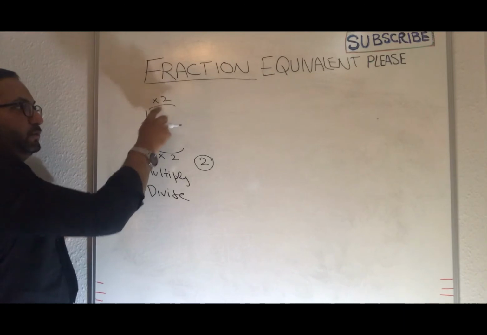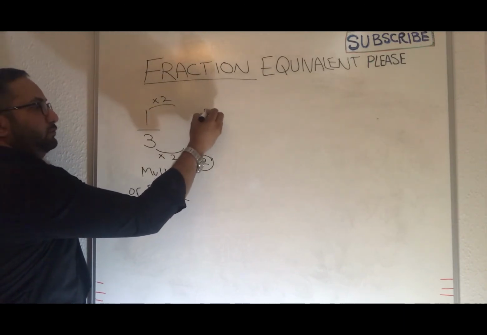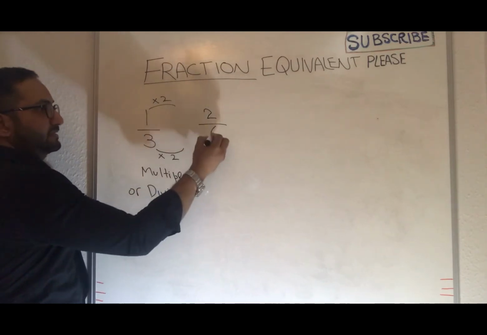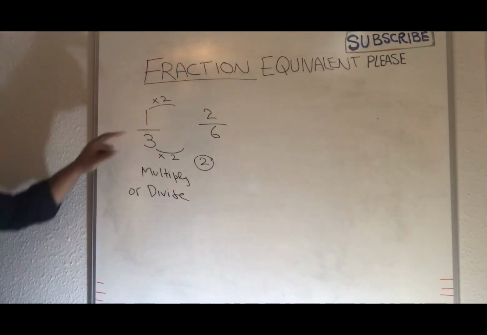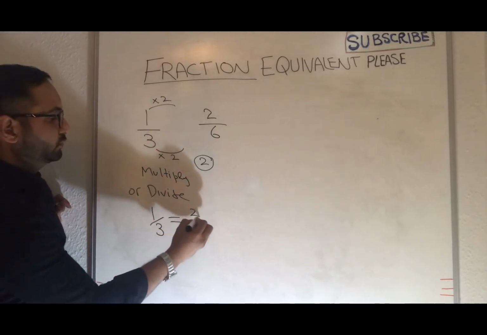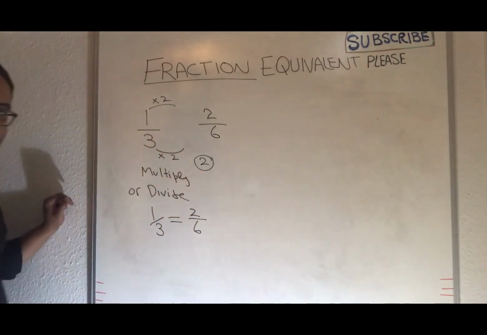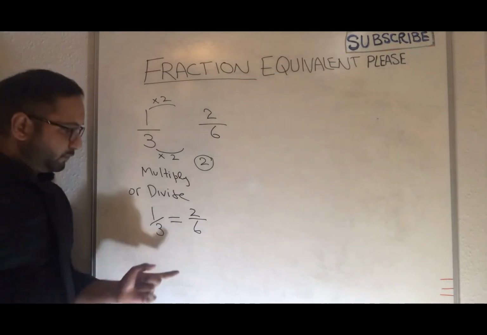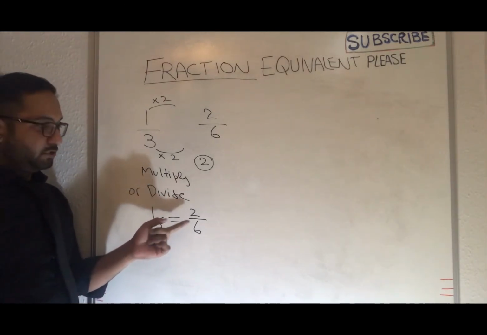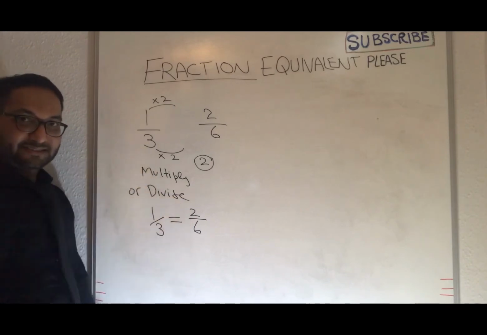When we multiply 2 by 1, we will get 2. And when we multiply 2 by 3, we will get 6. So 1/3 is exactly equal to 2/6. How? Now you can see this 1 over 3 is equivalent to 2 over 6.